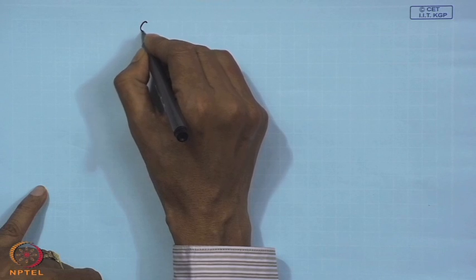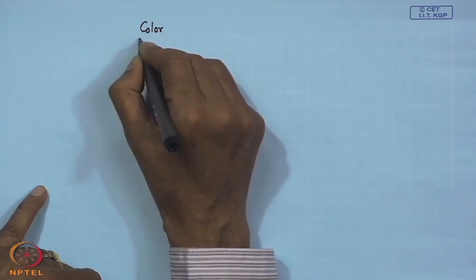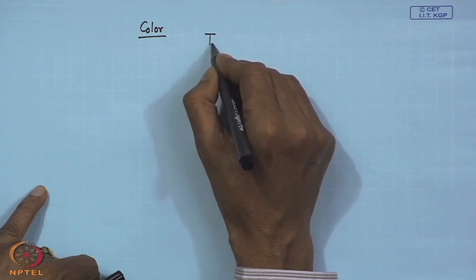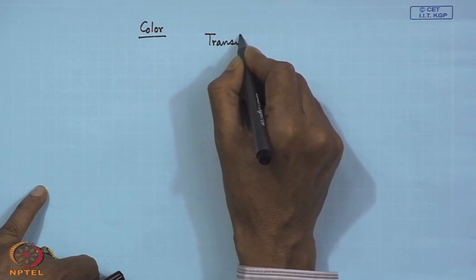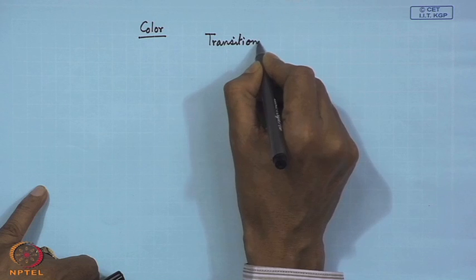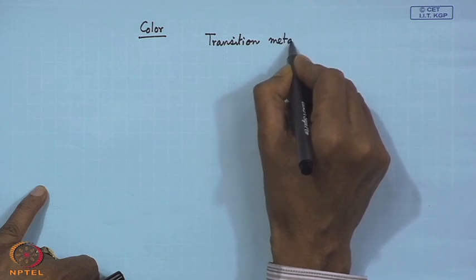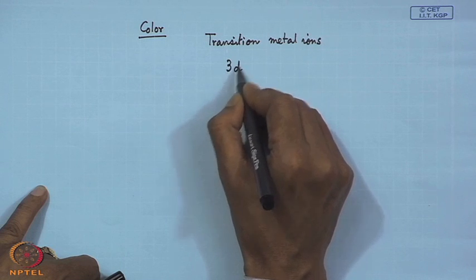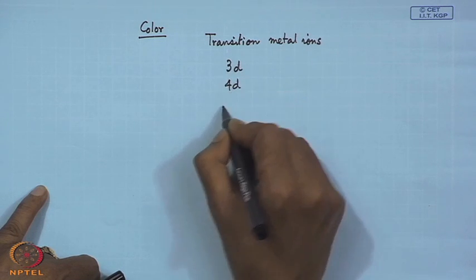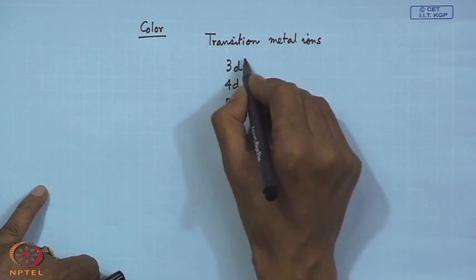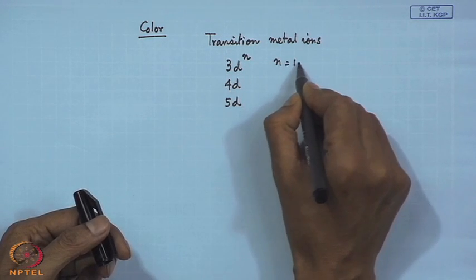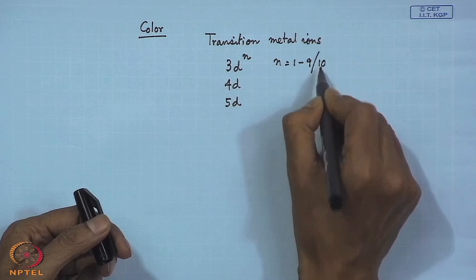The very basic thing we know about color is that we are handling transition metal ions with 3d, 4d or 5d electronic configuration with n values ranging from 1 to say 9 or 10.